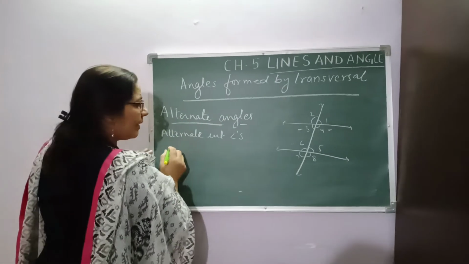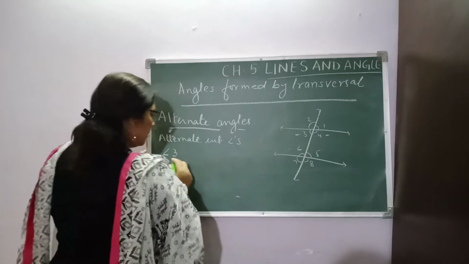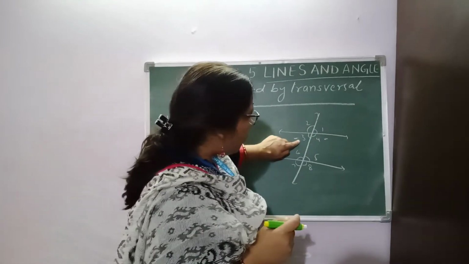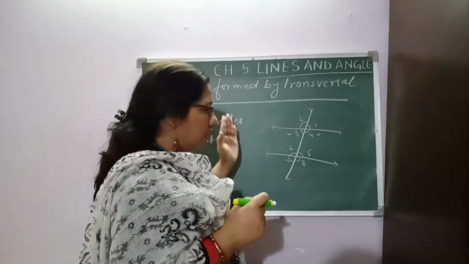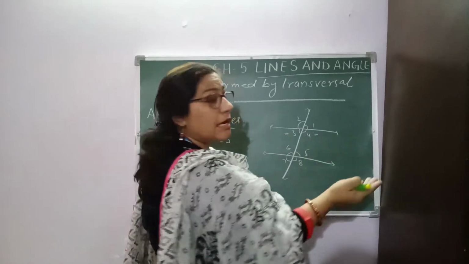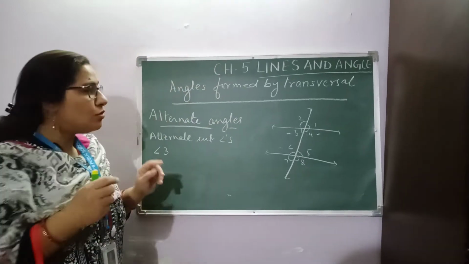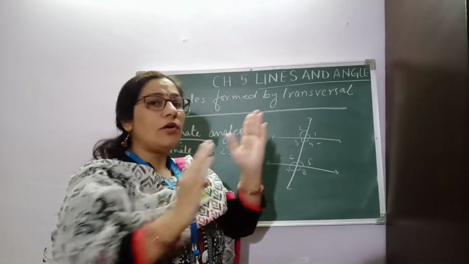So I am repeating again. Angle 3, see, this point is on the left side of the transversal and that point is on the right side of the transversal. So we can take the alternate points.